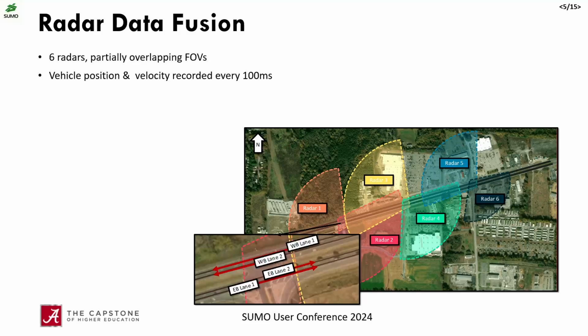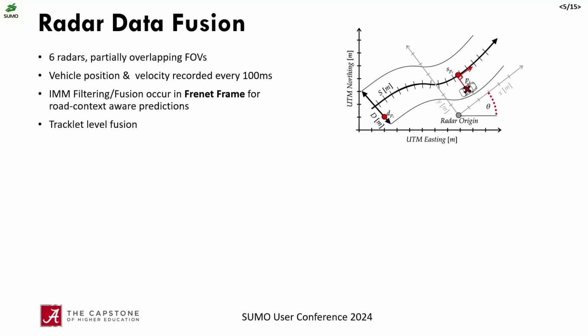So to get the complete picture of a trajectory, we have to make some short-term, 3 to 4 second prediction of where the vehicle will be, and the curvilinear coordinate system is really powerful for that. Then we do track-level fusion, so we consider some history of the vehicle when we decide if we're matching this tracklet to that one, or vice versa.